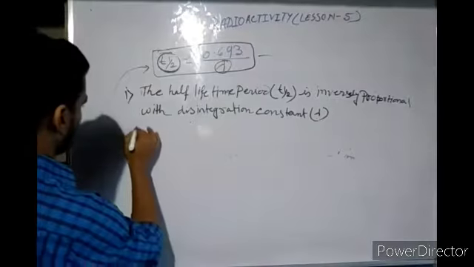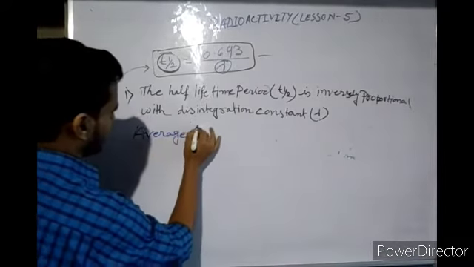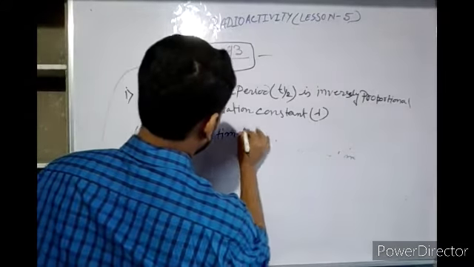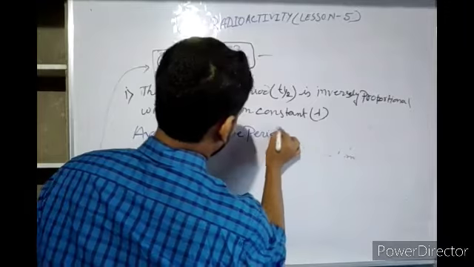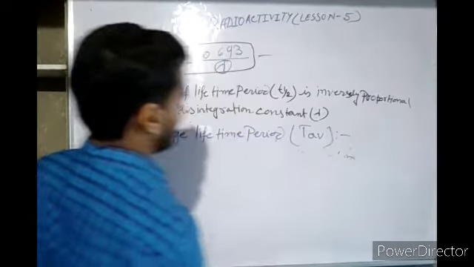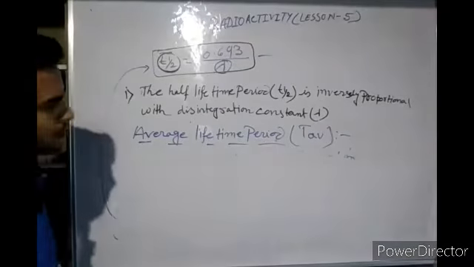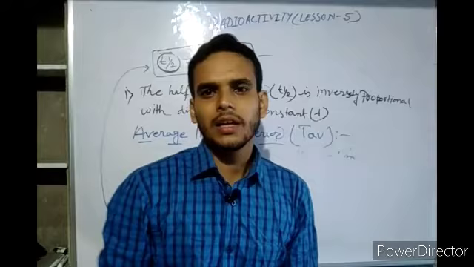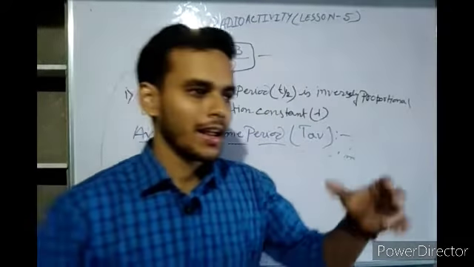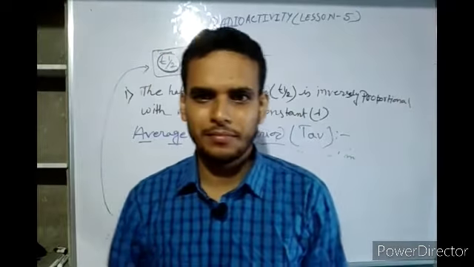Average lifetime period is denoted by TAV, average. All the radioactive nuclei do not disintegrate at the initial time or at infinite time.